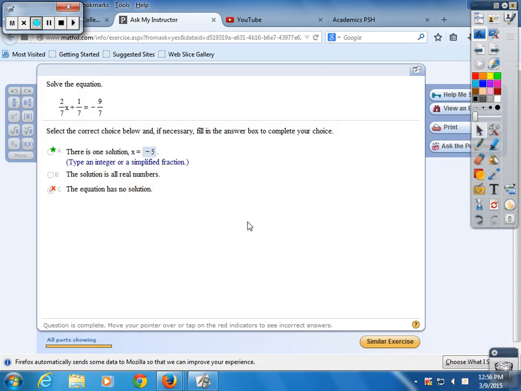There's no reason to do that, but if you just like to, that's fine. Or you can multiply through by what? 7 over 1. And then you'll get 2x plus 1 is equal to negative 9. So we'll do it both ways.